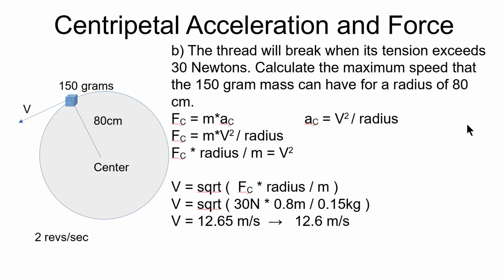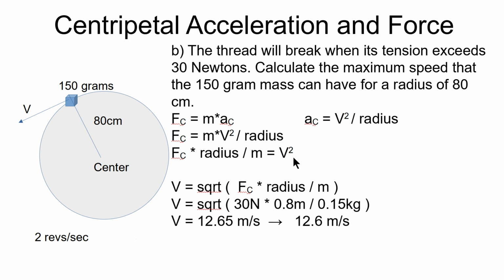Well, remind ourselves, centripetal force is mass times centripetal acceleration. Centripetal acceleration is the speed squared divided by the radius. So we can find the centripetal force, m v squared divided by r. And if I solve this for v squared, I'm multiplying both sides by radius and dividing both sides by mass.